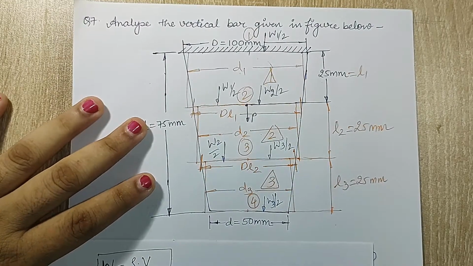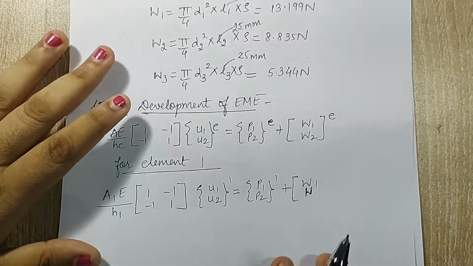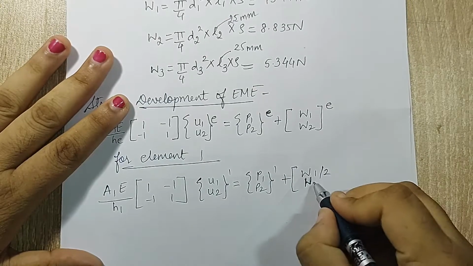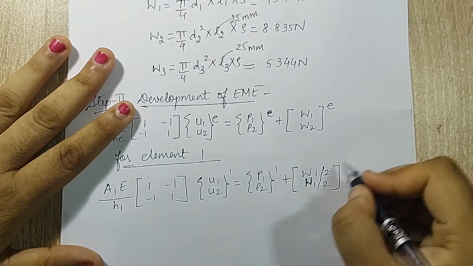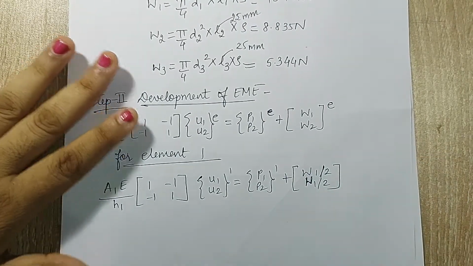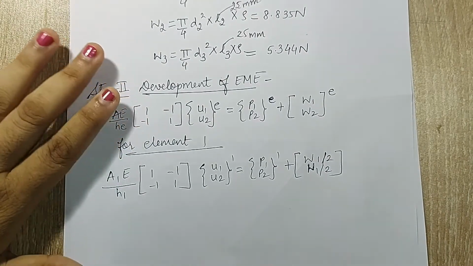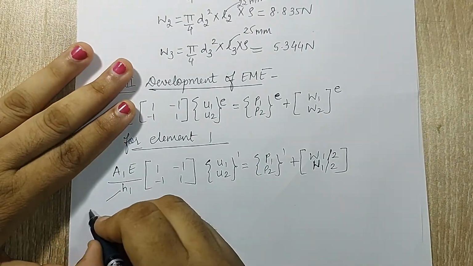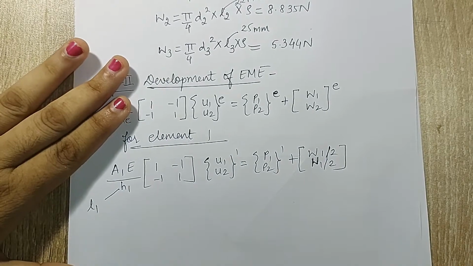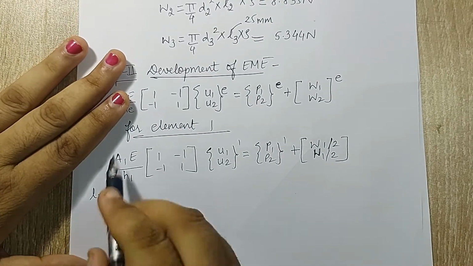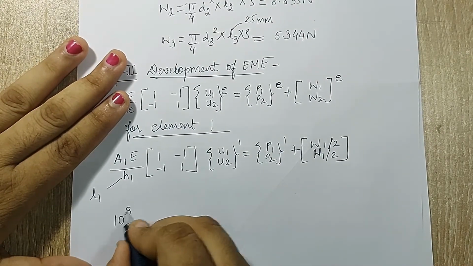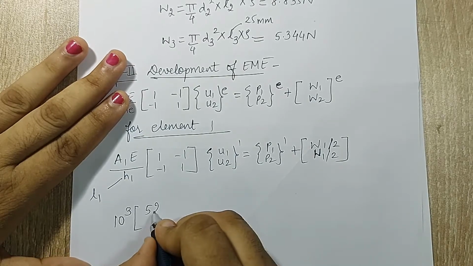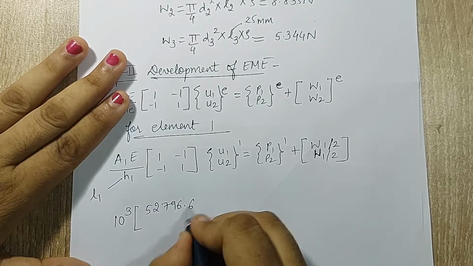So when I talk about element 1, I will be writing this as W1 by 2 and W1 by 2. Here raised to 1 is not required. I'll just write these two terms as W1 by 2 and W1 by 2. You can just note H1 is nothing but L1 in this question. So when you substitute, this value is 10 raised to 3 outside. I get 52796.6.